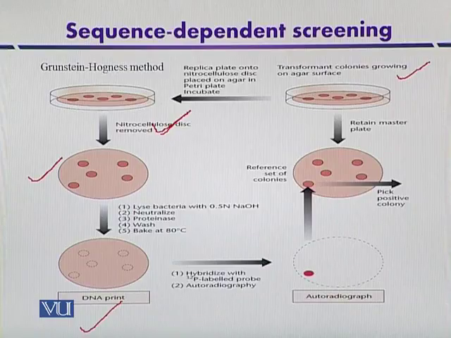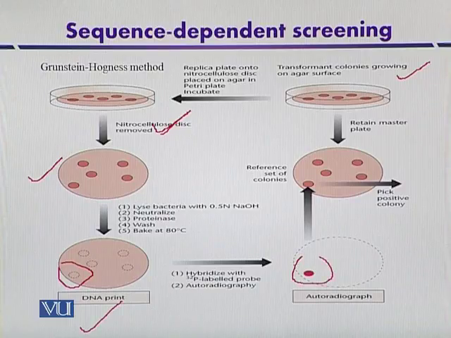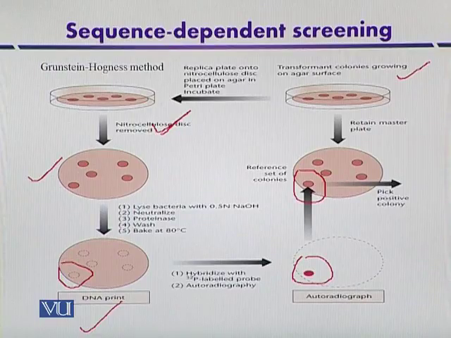Suppose this is our colony of interest that contains our target clone, and here it is detected. Now from the master plate this colony is picked and subjected to further screening. So this is the basic outline for in situ hybridization.